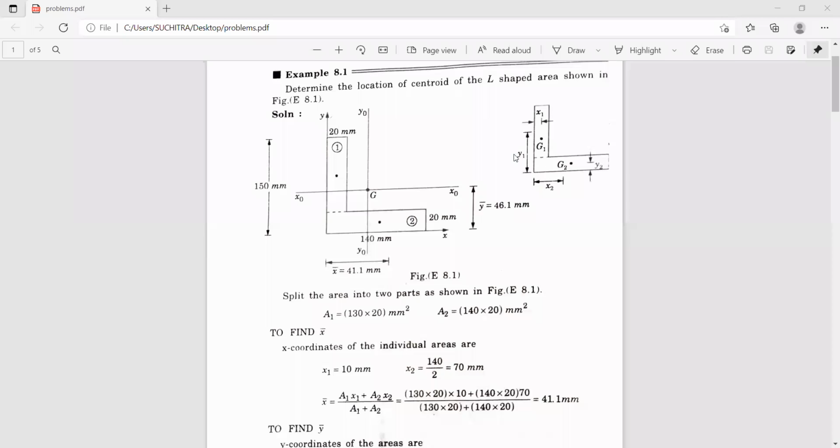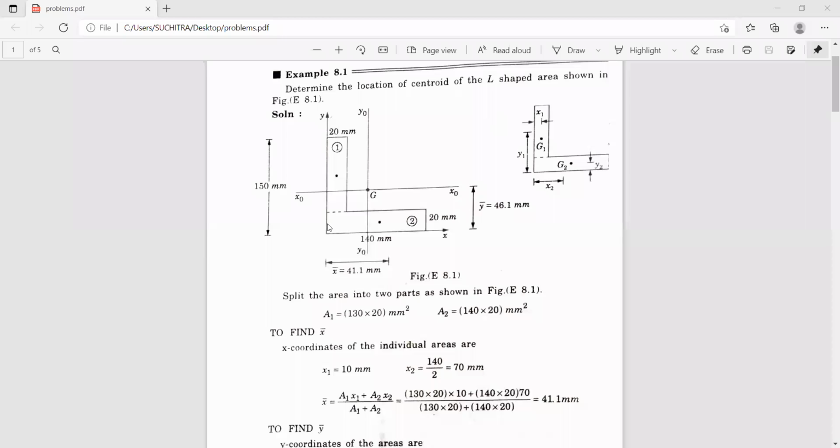Okay. So now you have found x1. X1 is this distance, and x2 is from this point to the center of this figure.